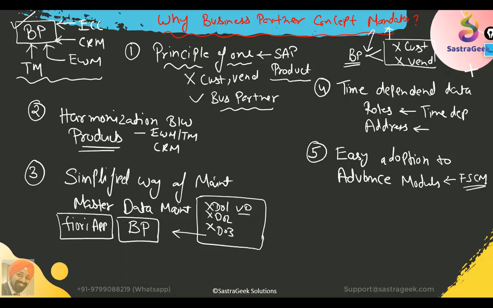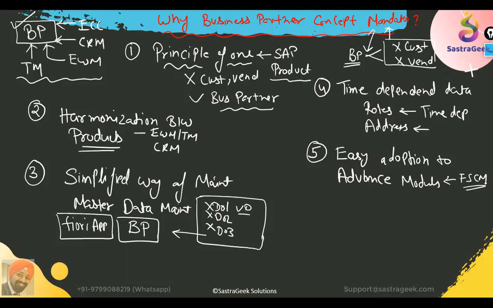If you want to adopt this module, you need to adopt the business partner. Although it's a part of ECC, it works on the business partner model. If you have not adopted the business partner, you would not be able to use it.